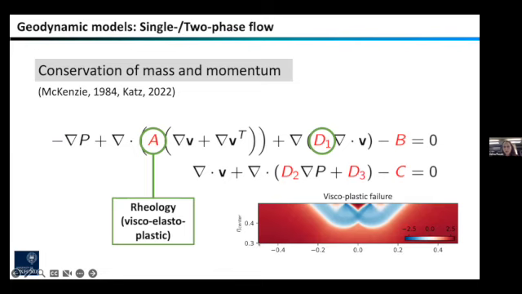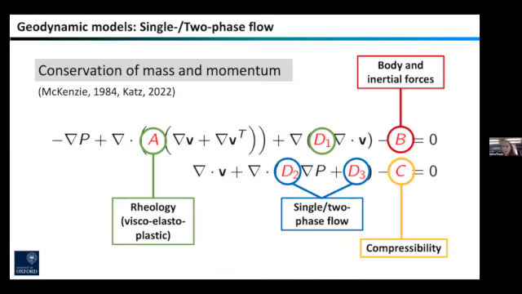And here I'm showing a benchmark for the viscoplastic failure. And for the last two coefficients, B and C, we can include more complex physics by including body or inertial forces or compressibility. So by prescribing different coefficients for different problems, essentially we can cover more applications.